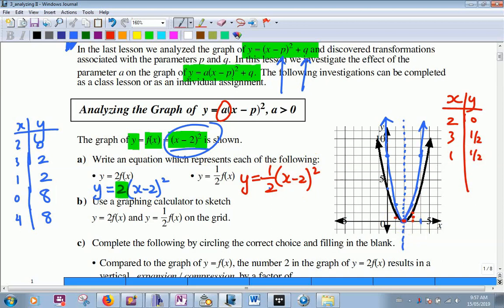Okay, so just looking at those 3 points, yeah, I think that's a good guess. I think everything's going to be half what it was. If this thing was 4, it's now going to be 2. And vice versa. Symmetrical, that point is 4 up, so it's going to be half what it was, which makes it look wider.